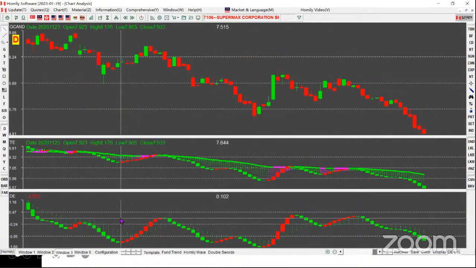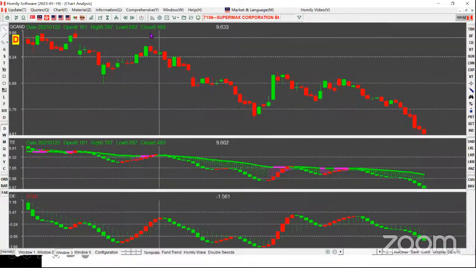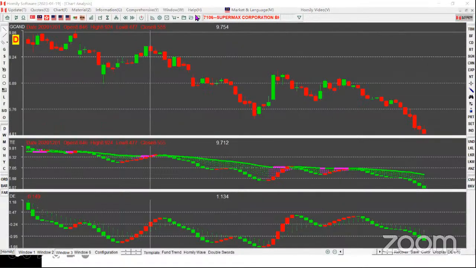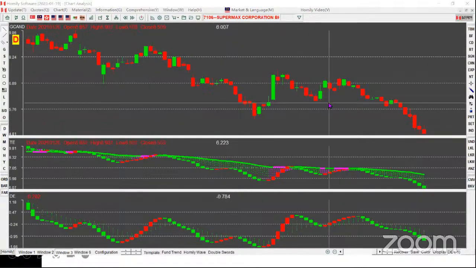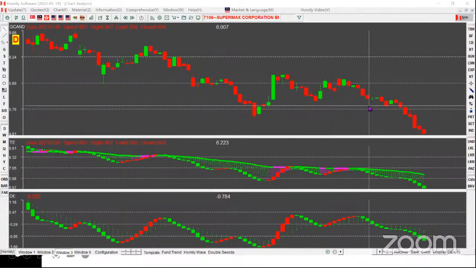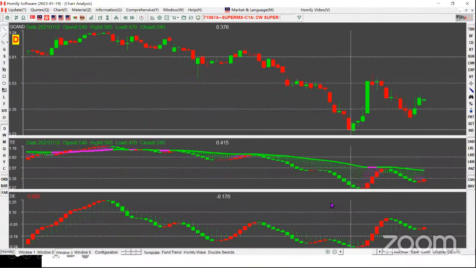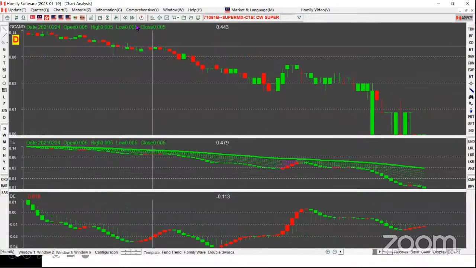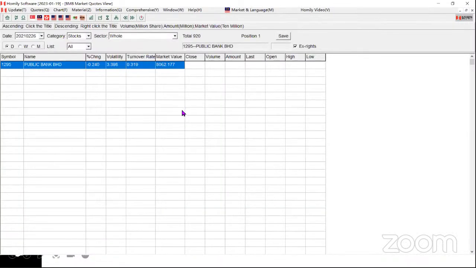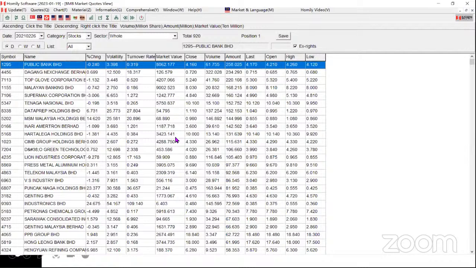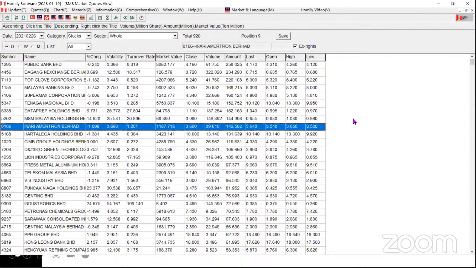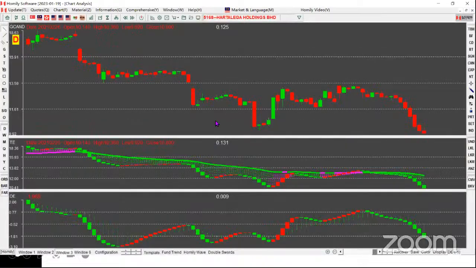And let's see whether there are any other cases. Back here, this one is also a global stock.